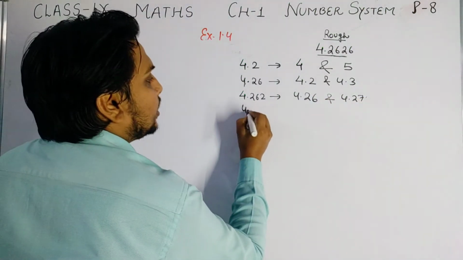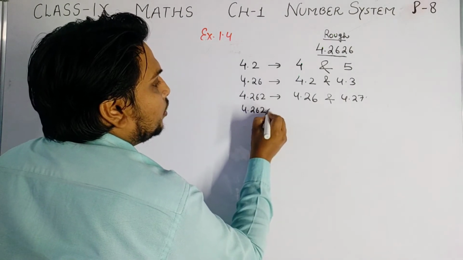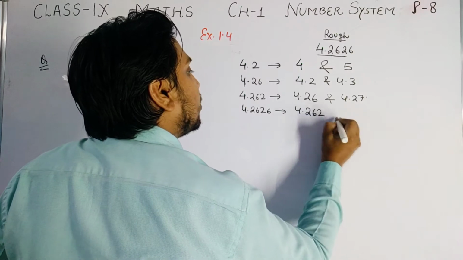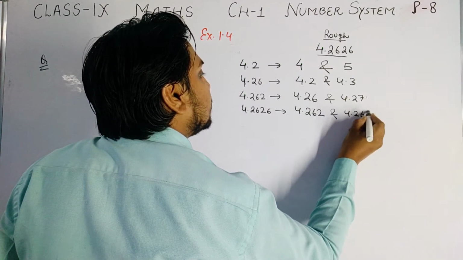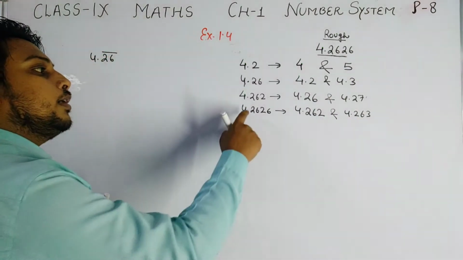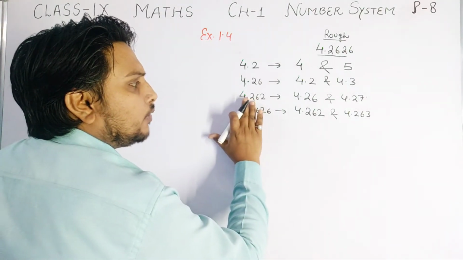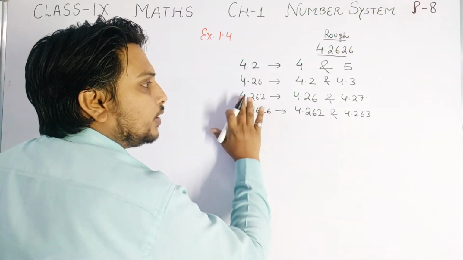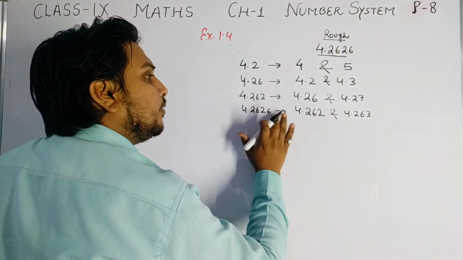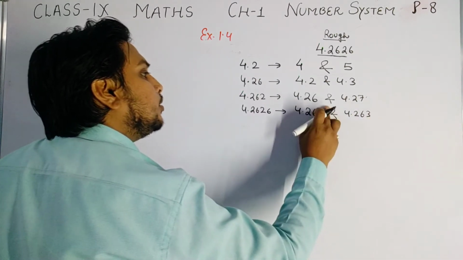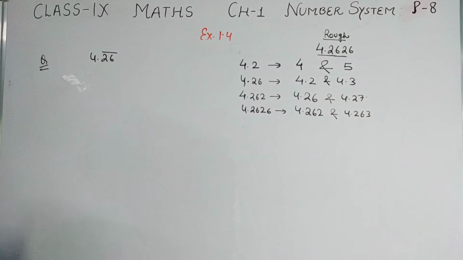And the last one, 4.2626, will be in between 4.262 and 4.263. See, 26 will lie in between 20 and 30, so the 0 need not be written here. If you think this way, you only have to represent it on the number line.